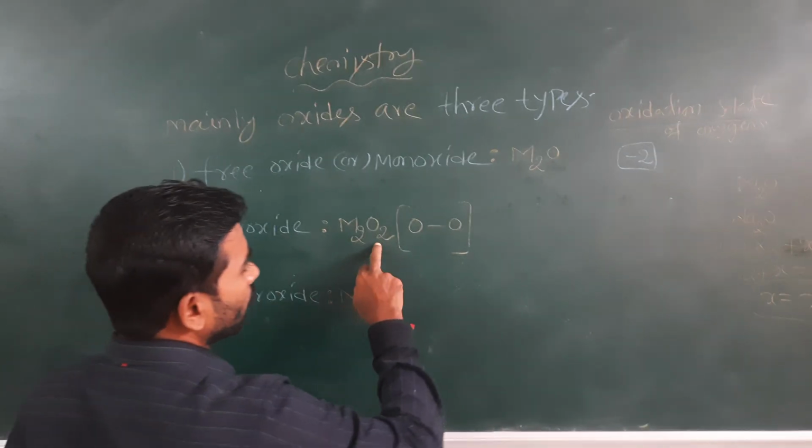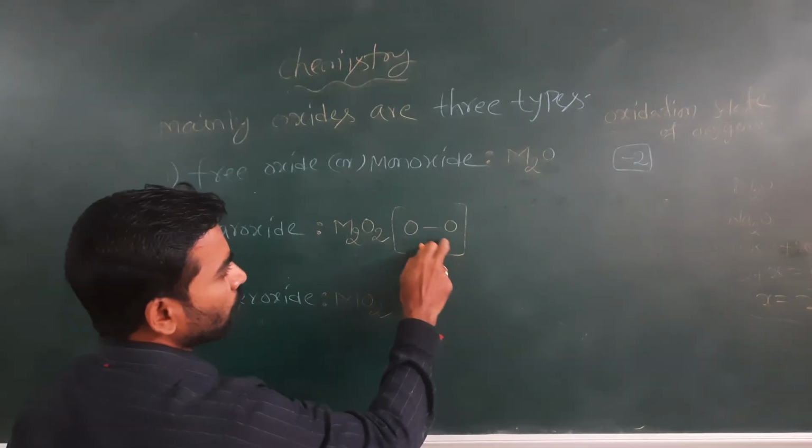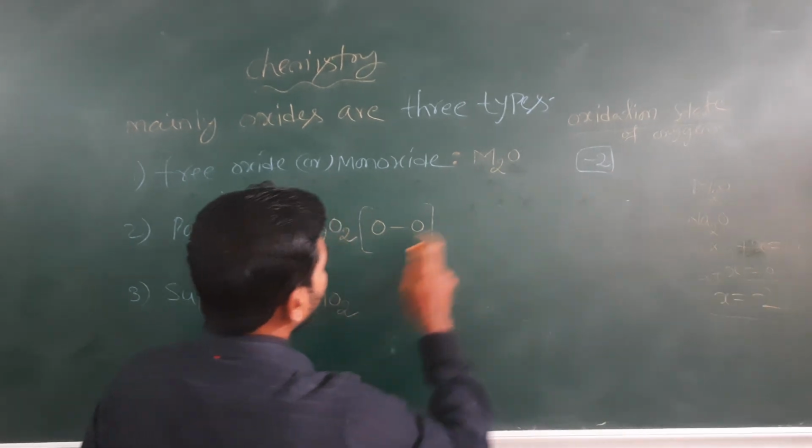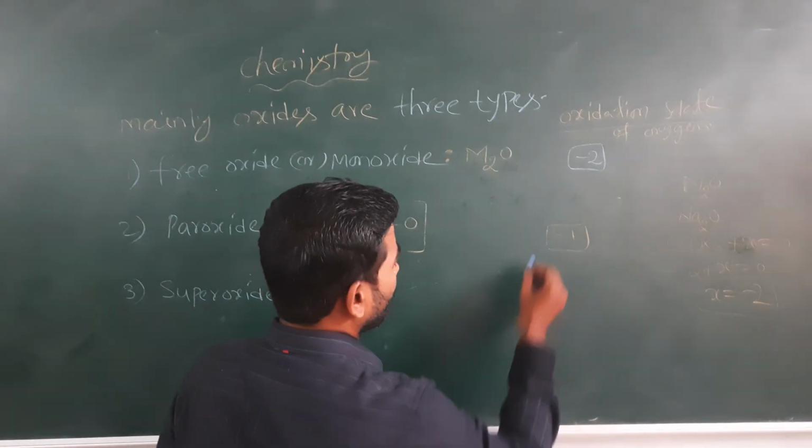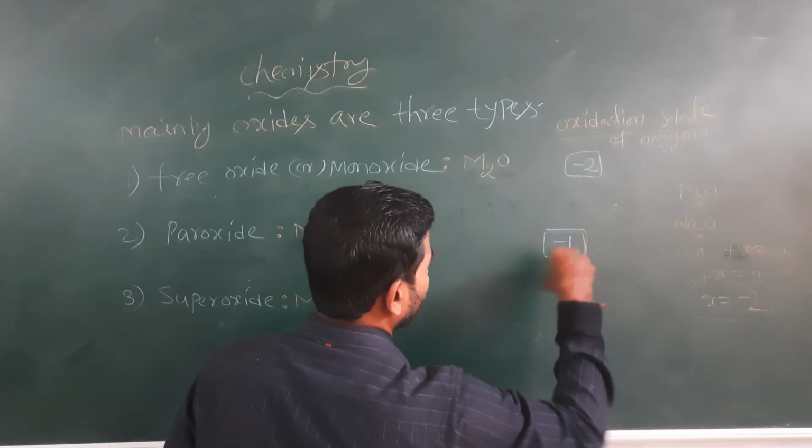In the case of M2O2, peroxy means an O-O linkage, and the oxidation state of oxygen is -1.